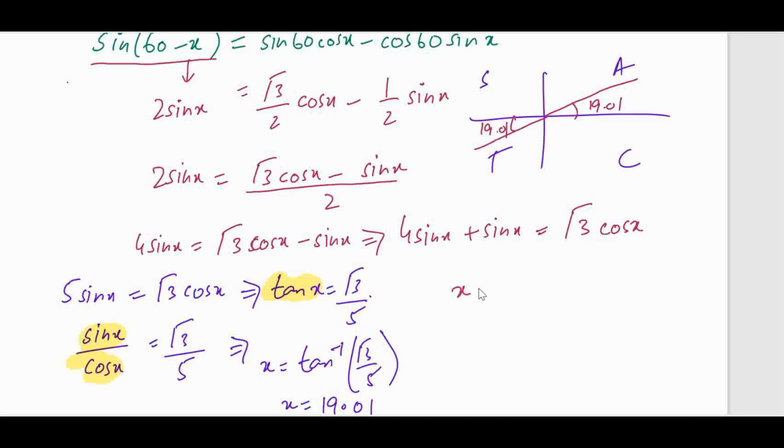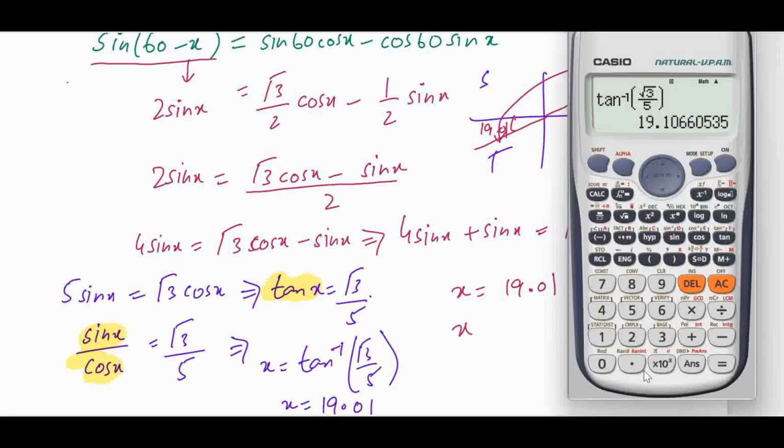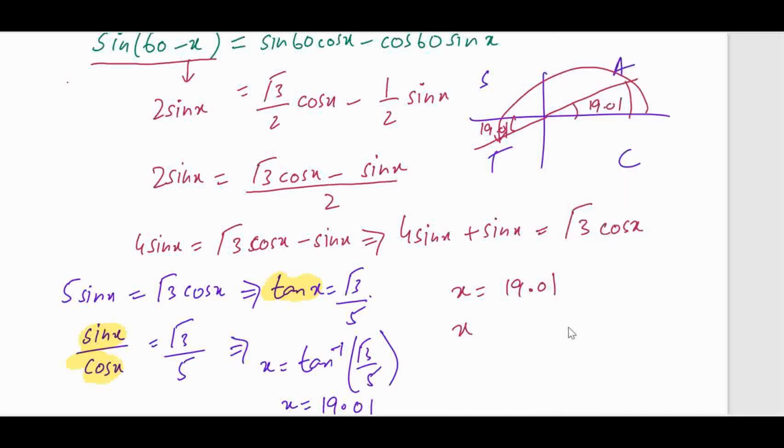So the final answer will be x equals 19.01 and, because we have to see this angle, x equals 180 plus 19.01, which equals 199.01. So this will be the final answer.